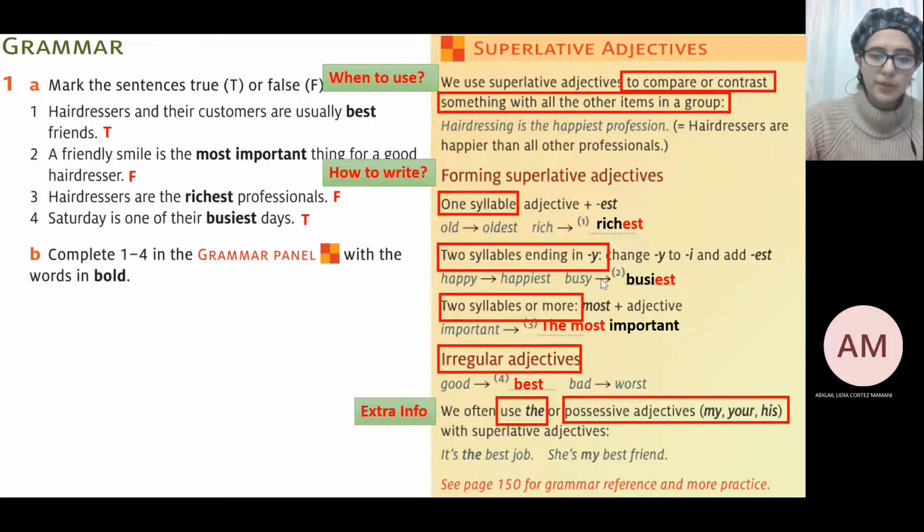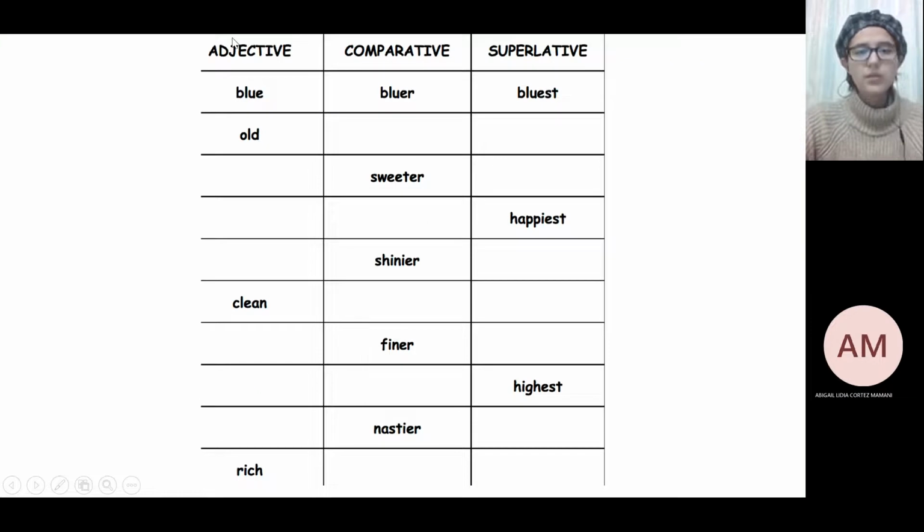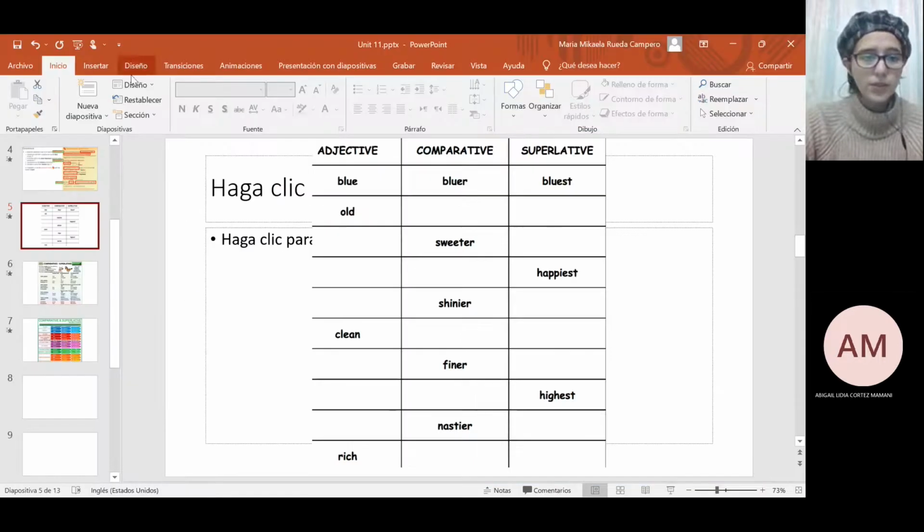Okay, so now let's practice, now that we have cleared this part. Here we have the adjective blue, right? Remember that colors are adjectives too. Los colores también son adjetivos. We're not going to do the comparative because we already did it, but we're going to do the superlative part. For example, we have blue, and we're going to say the bluest. What about old?